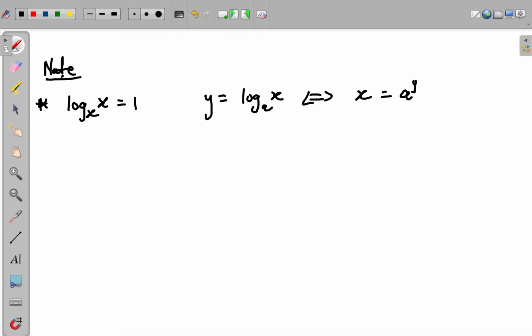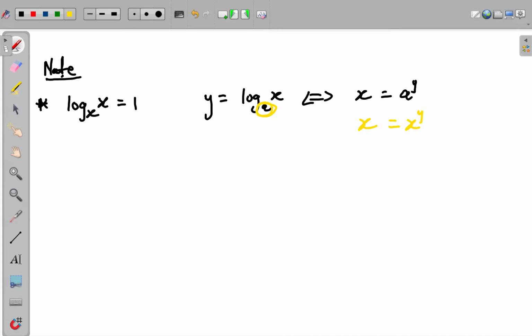Now, I want you to think of this. If I've got log x base x, this is basically x as well, right? Then we've got x is equal to x to the y, because we're replacing a with x.